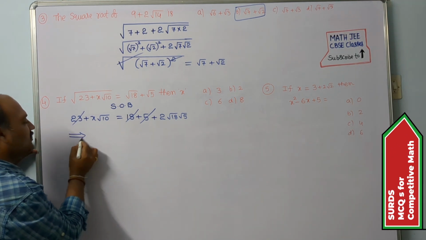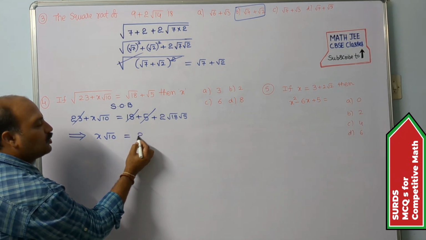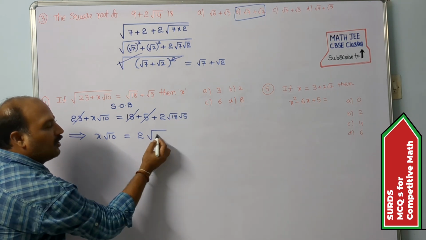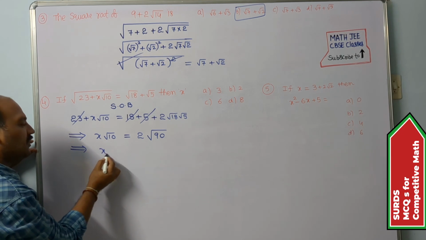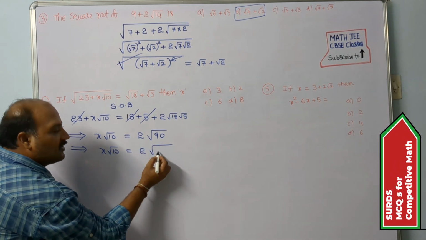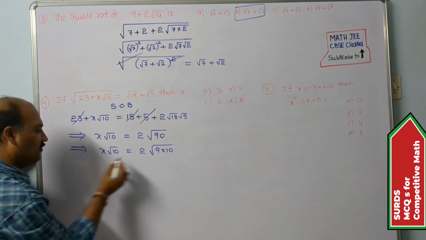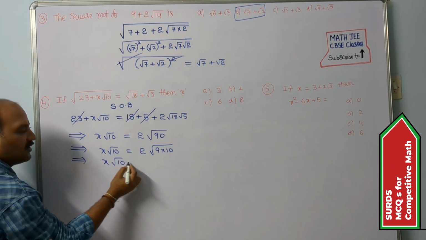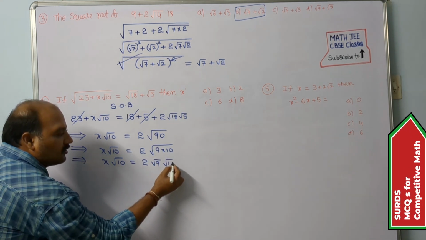The remaining terms: x into root 10 is equal to 2 into root a into root b, root ab, 18 into 5 is 90. In the next step, x root 10 is equal to 2 into root over, this can be written as 9 into 10, root 9 into root 10. So x root 10 is equal to 2 into root 9 into root 10.